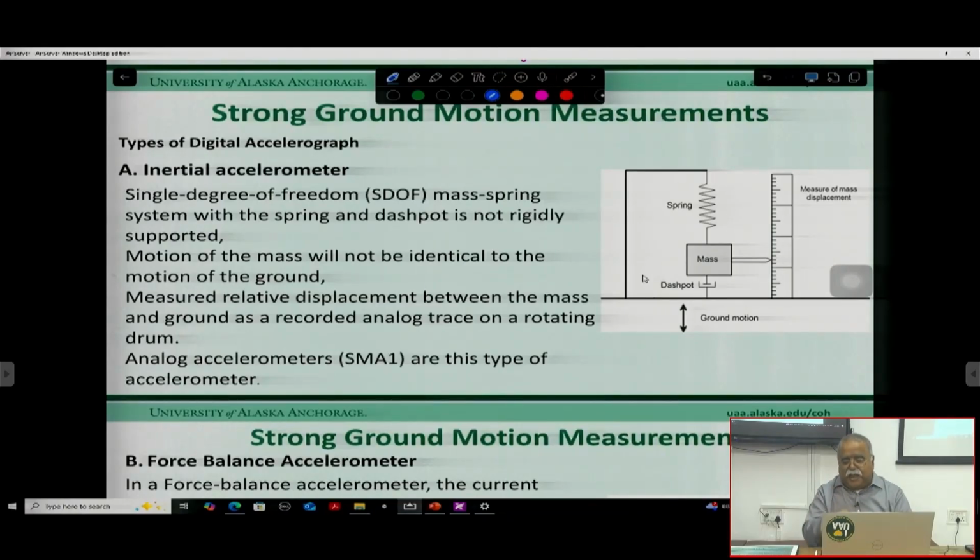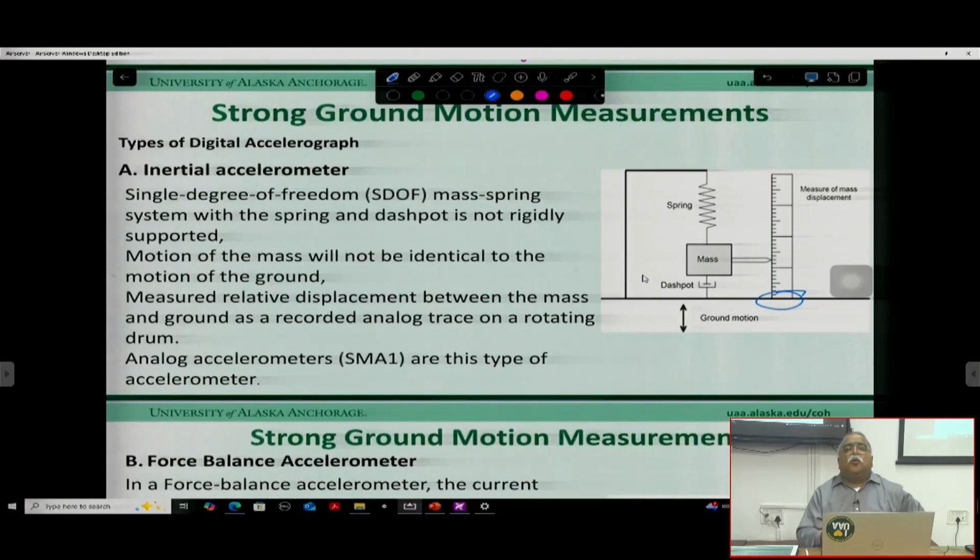If the frame attached to the ground has a ground motion, then that frame will vibrate, and the system will also vibrate, but the mass will also have a motion. So then you cannot measure the actual ground motion. You will always be measuring a relative motion, because everything is shaking. In order to avoid that, we want only the frame to vibrate, but the mass should not move.